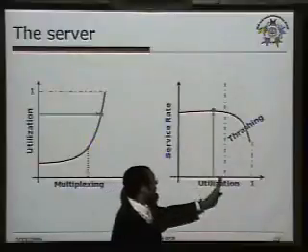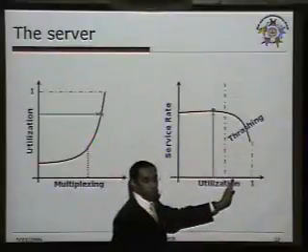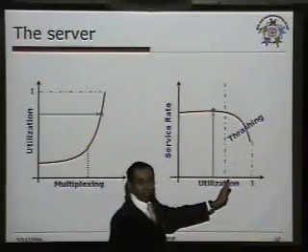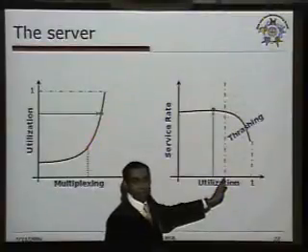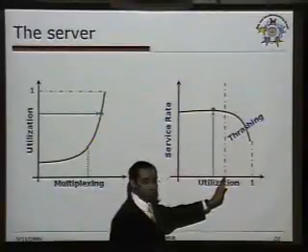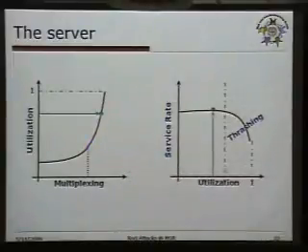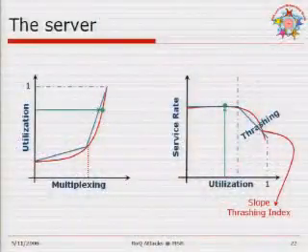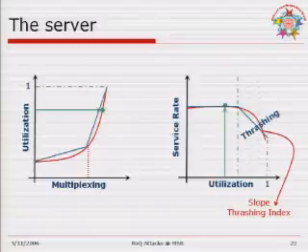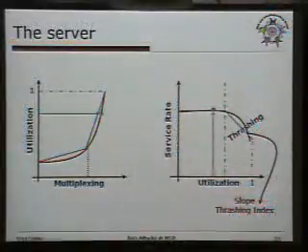There is a point where if you increase your utilization, your service rate will actually go down. This is due to thrashing, for example, or the system is operating in a very heavy situation, so paging, for example, and stuff like this. So we approximate these functions with two piecewise linear functions. And we call the slope here the thrashing index. This is how badly the system behaves when it's thrashing.